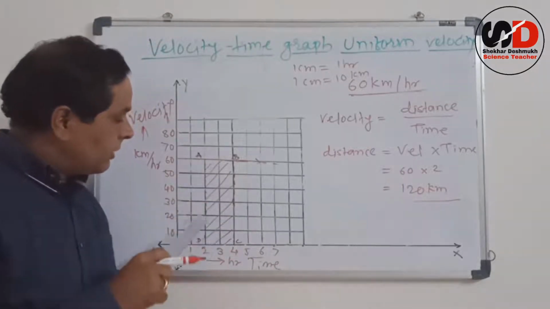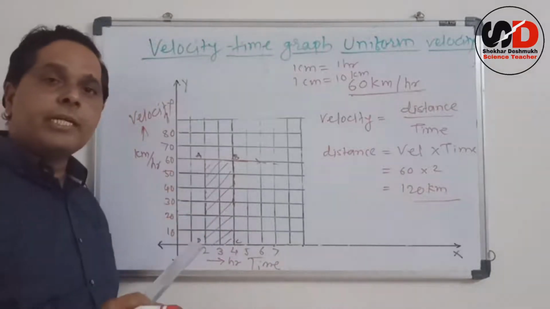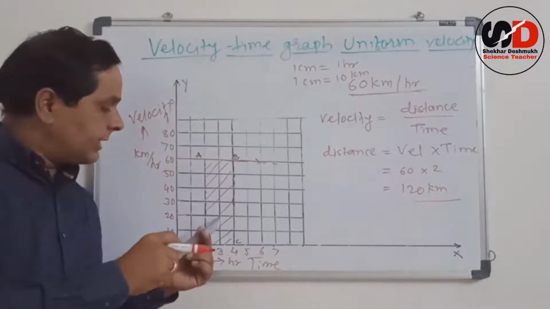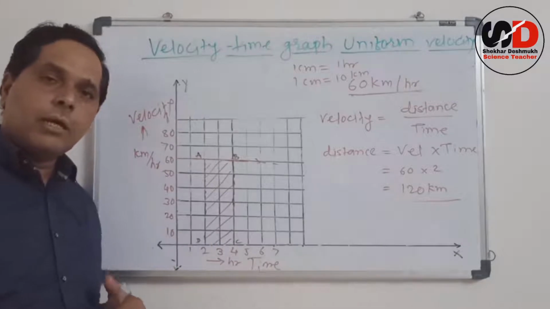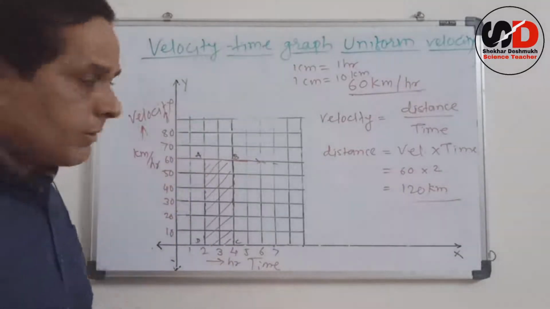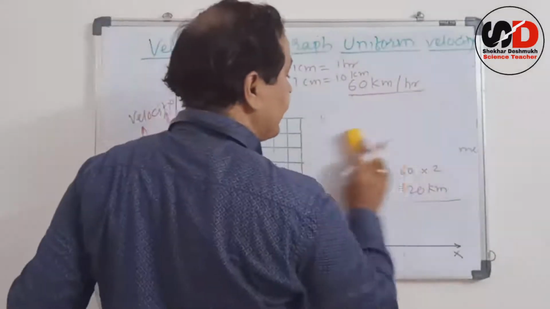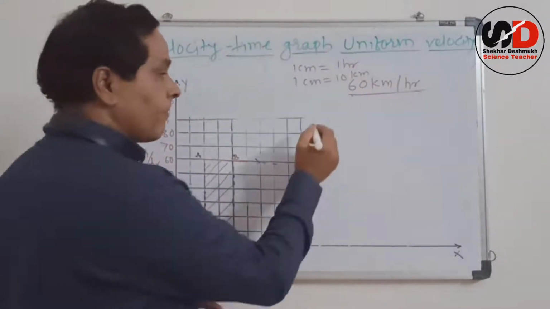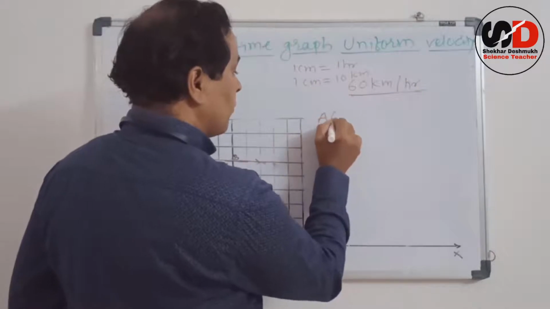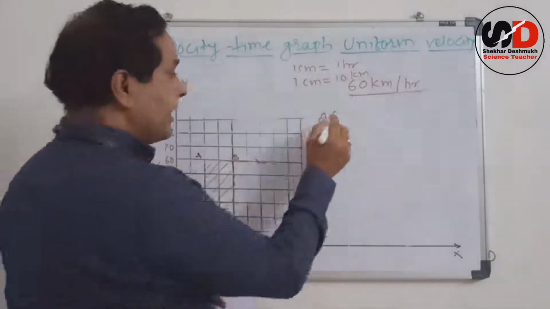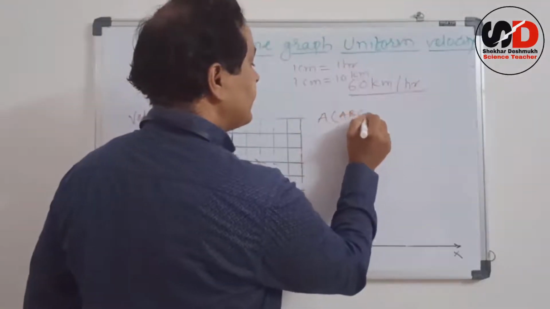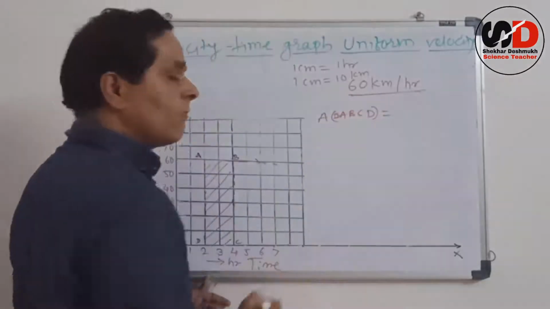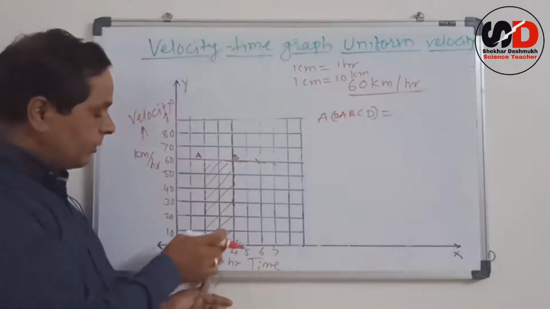Calculate the area of this much shaded part. This is a rectangle. And we know the formula to calculate the area of a rectangle. What is the area of a rectangle? So calculate the area of rectangle ABCD. What is it? Length into breadth.